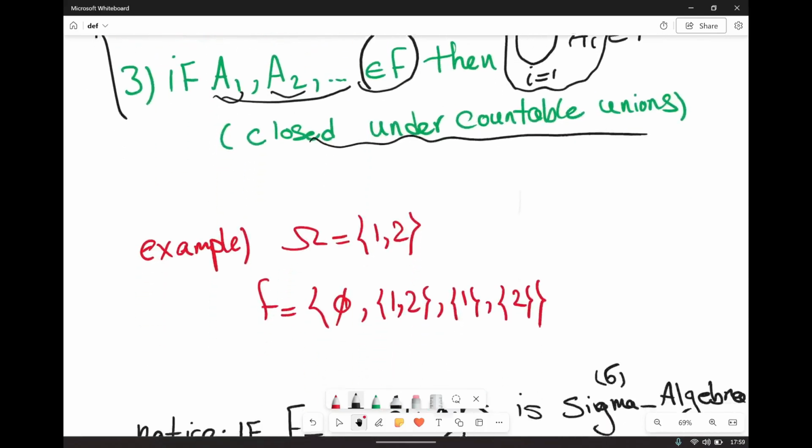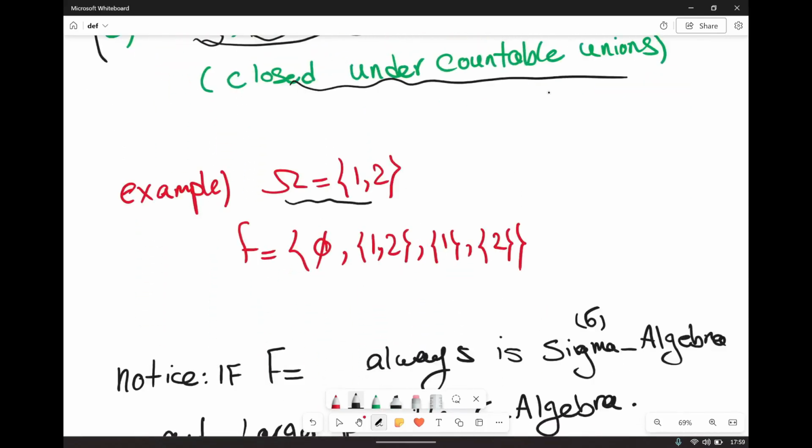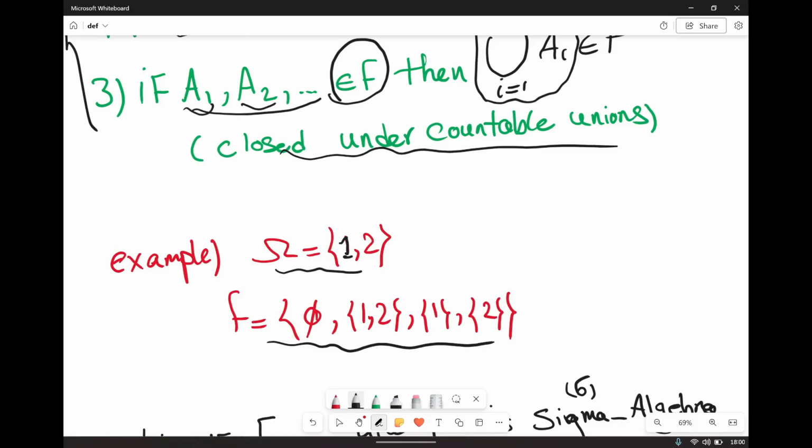For example, in this question, you consider your omega is {1, 2}, and this subset, let's check whether it is a sigma algebra or not. At first, omega is in the subset. Yes, the first property is okay. For every element, the complement is in this subset.